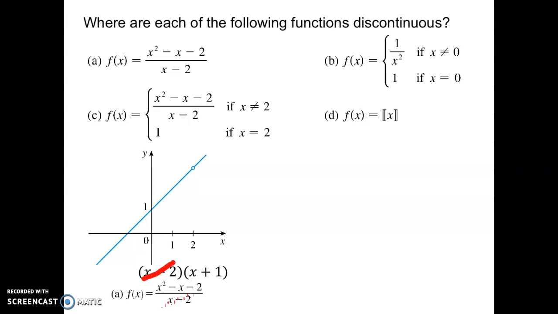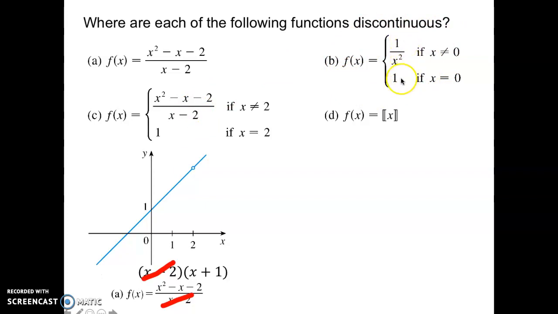And I know that I would cancel that factor. And what happens with a rational function when that happens? What happens is I have a hole in the function. So do I have discontinuity at x equals 2? Absolutely. What type of discontinuity do I have? I have removable discontinuity.